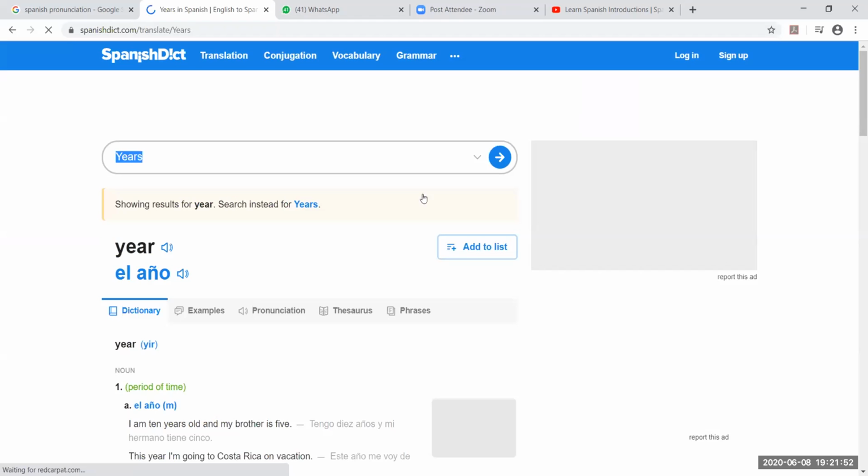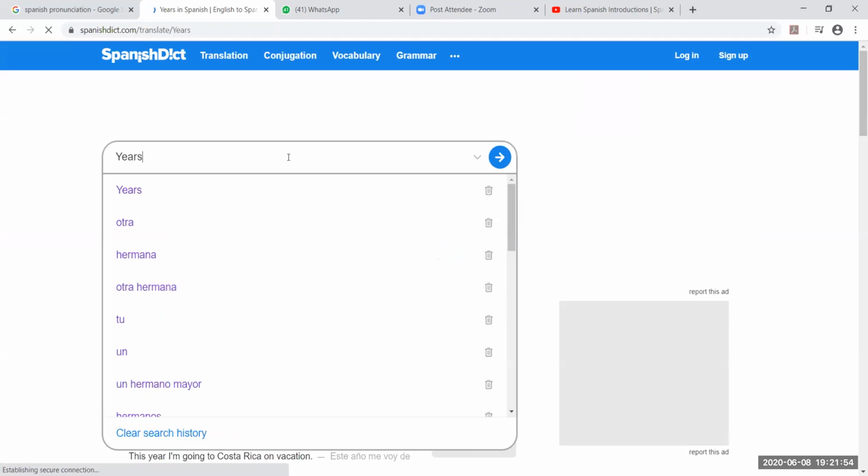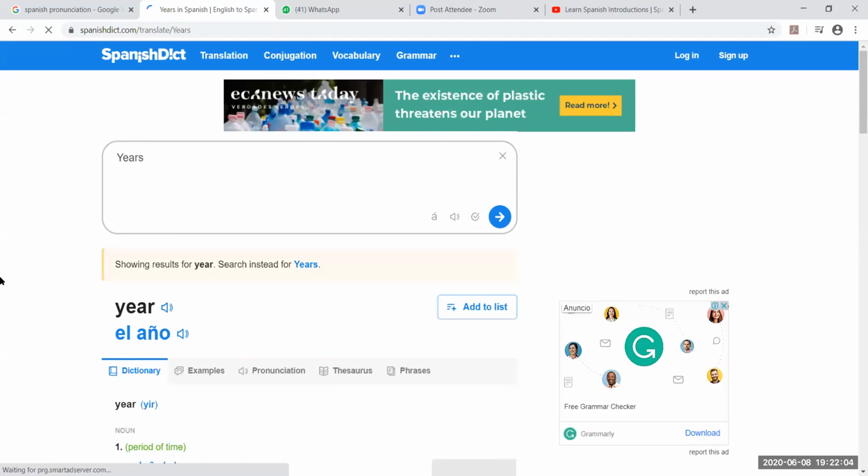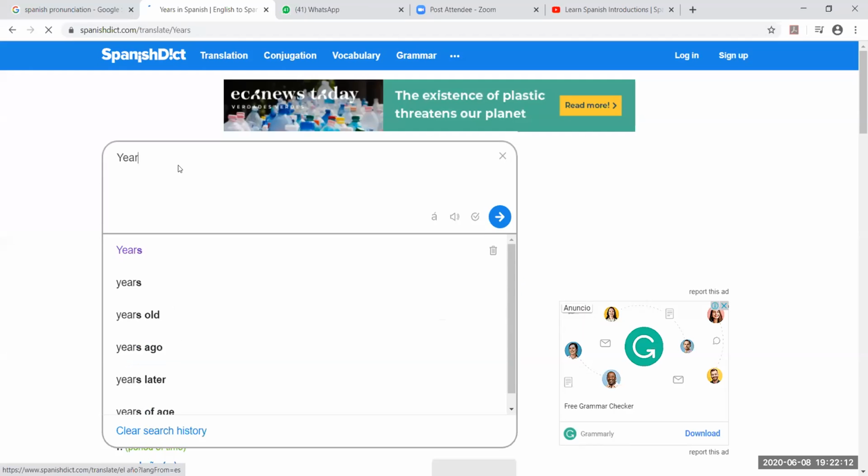Now you guys notice that there is an ANO, right? Now I will type in the same over here, ANO.